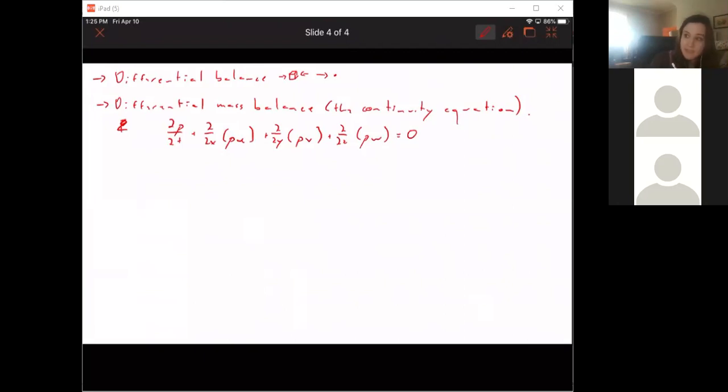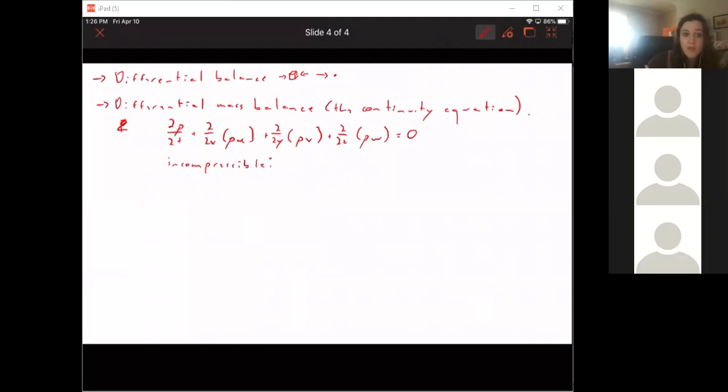Okay, and so then for incompressible flow, what happens? Density goes poof. Density goes poof because for incompressible flow, first of all, d rho dt goes away because the density isn't changing. And the other rhos there are all the same because it's a constant, so they get canceled out.